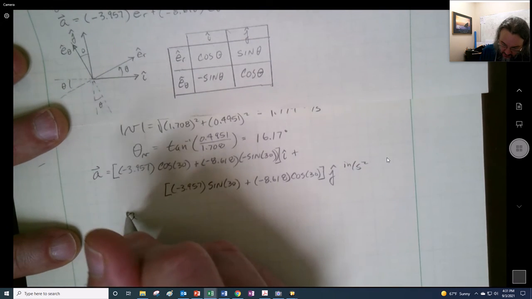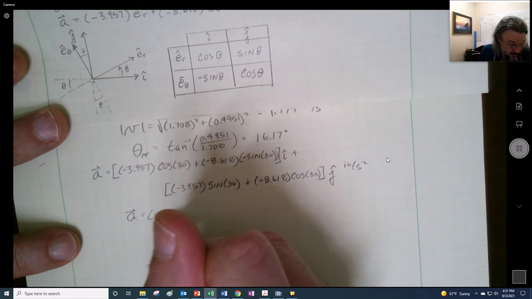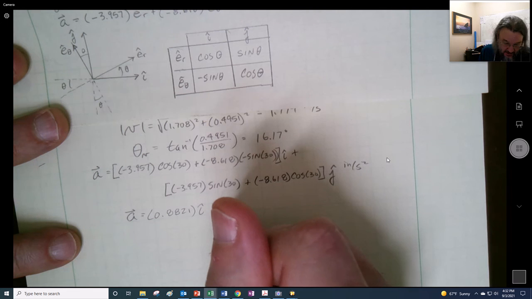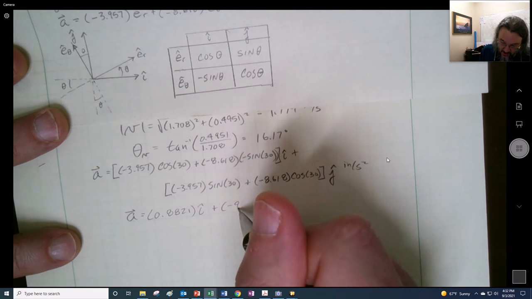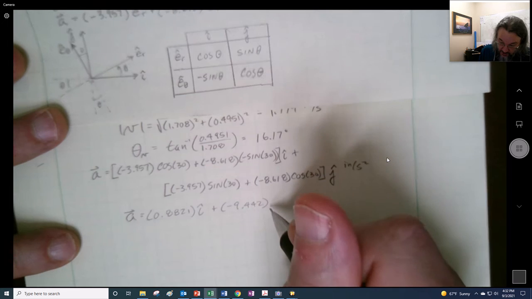And what we get for an acceleration now is 0.8821 I, if I did this correctly, and a negative 9.442 J.